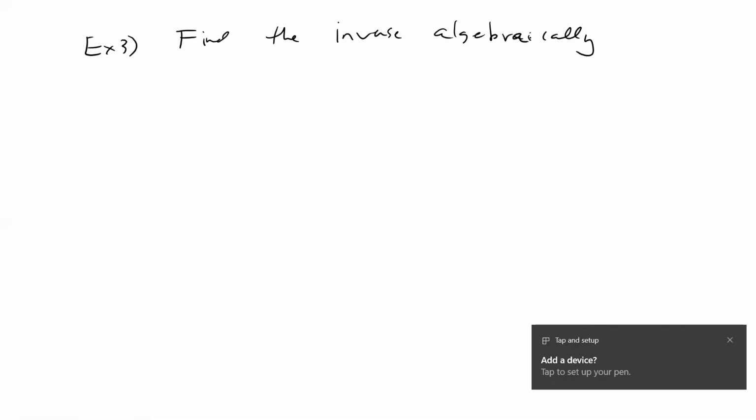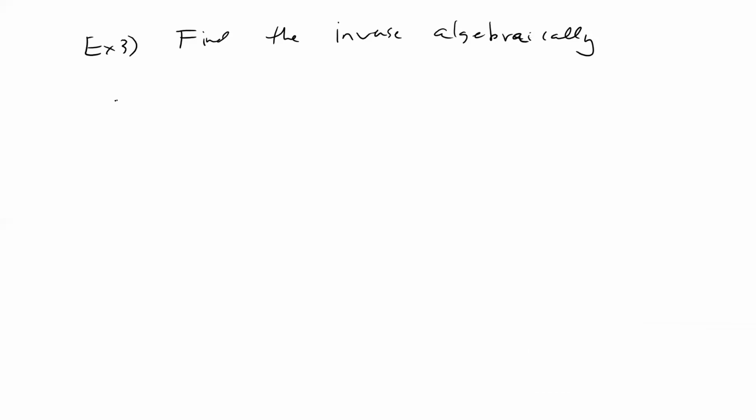Algebraically. And let's do the same one, just so we can get a sense of this one here. So I have a function called f of x, and it is 2x minus 4. Find the inverse function.